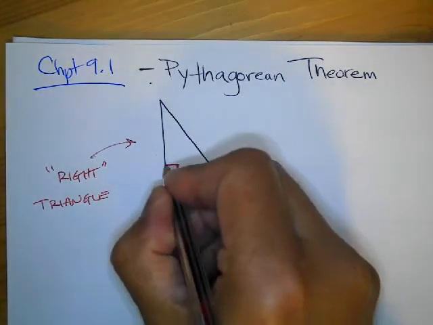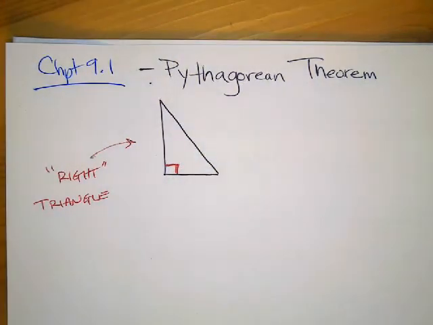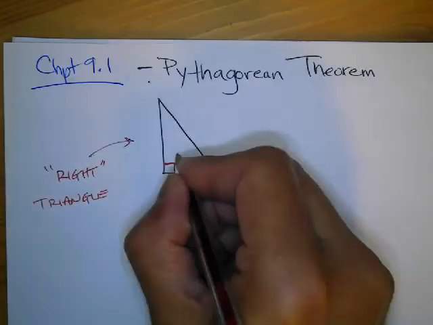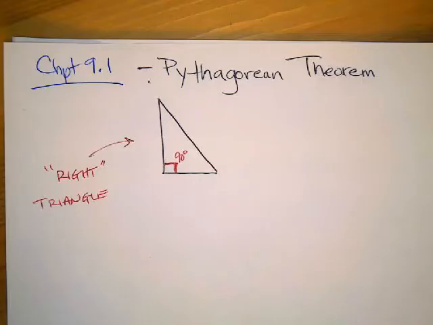All you have to do is have this symbol. And I noticed that on the worksheet, the triangles don't have that symbol. Well, I kind of think I know why. Maybe because for the assignment you have to prove that it is a right triangle, so they're not putting that angle yet. But we're going to check if this is a right triangle and that it makes a 90-degree angle.